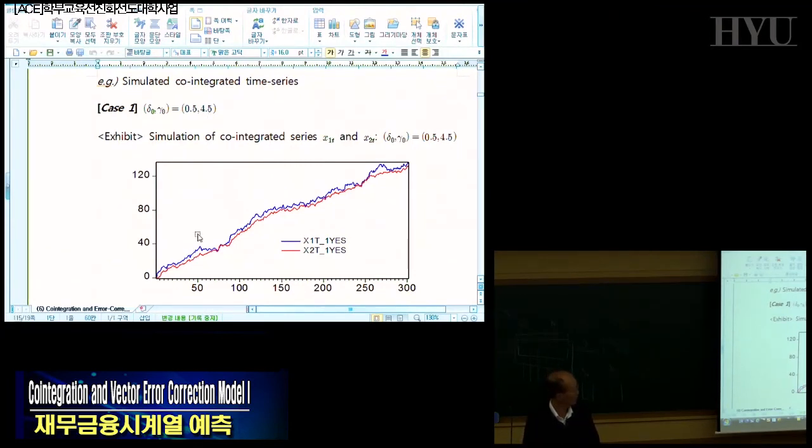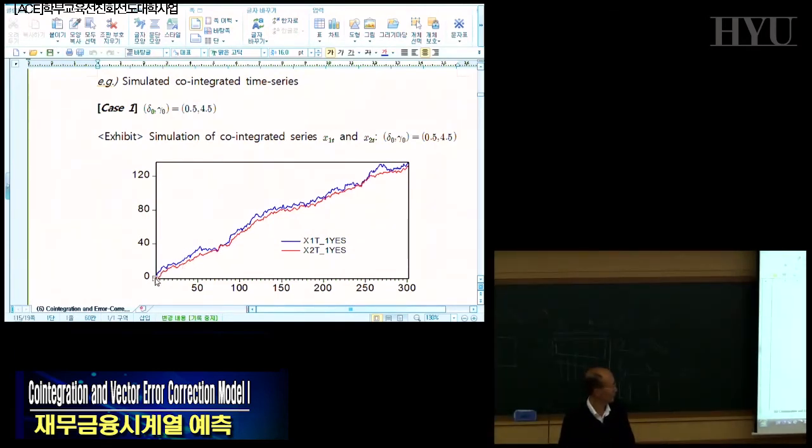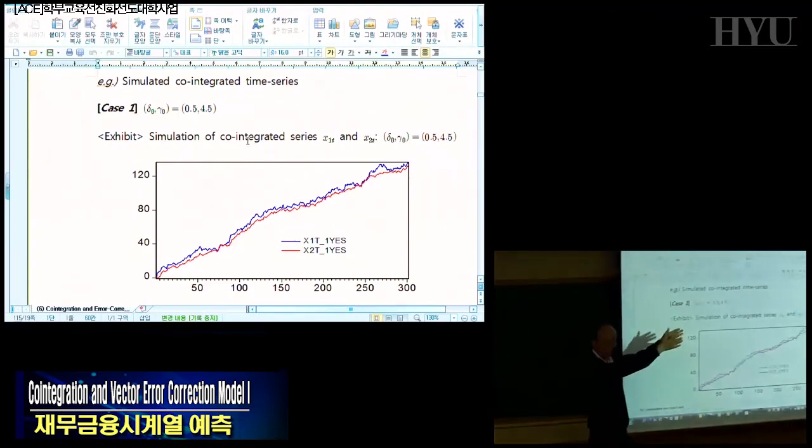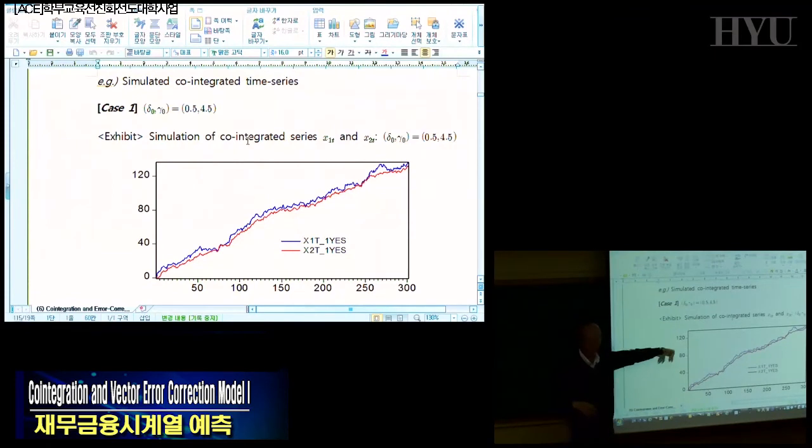So go this way. But interestingly, these two series, assuming this as a parameter, do appear to be going closely together over time, right? Because that's what we designed, right?